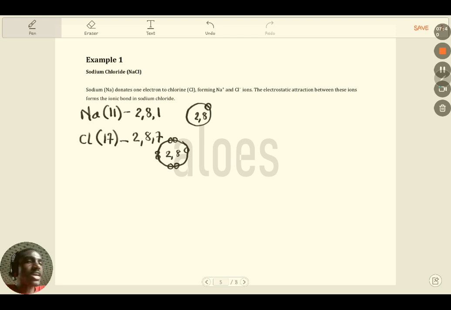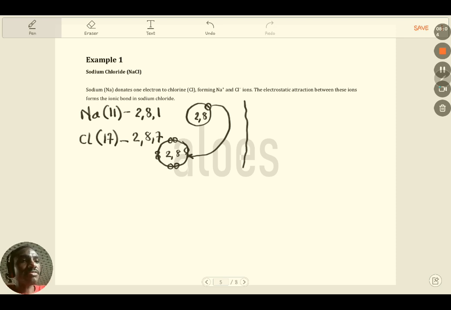Okay, so what happens when we have a transfer? So as we can see, this one actually has a free electron in the outermost shell. What if I bring this one to join with this so that chlorine can complete 8 electrons in the outermost shell, so that at the end of the day both become stable?